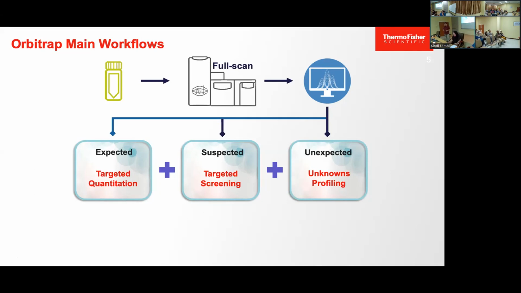Even though it doesn't appear to be present, we also need to screen. And a lot of countries now, the government laboratories, are investing a lot in doing unknown profiling to get ready for the next outbreak.